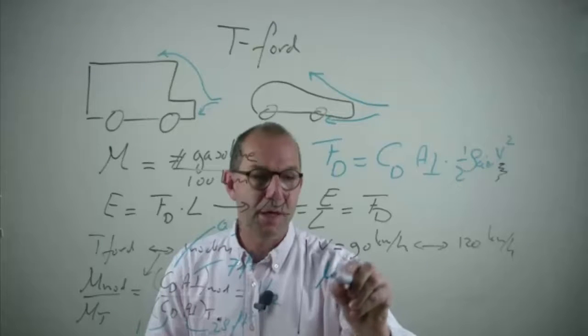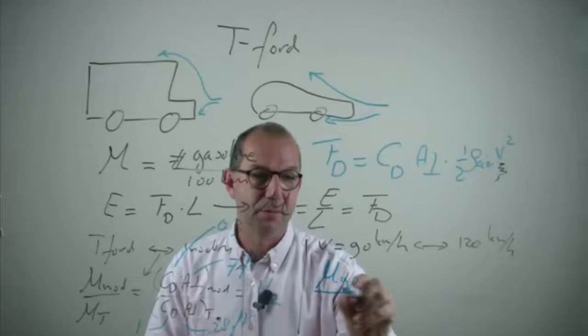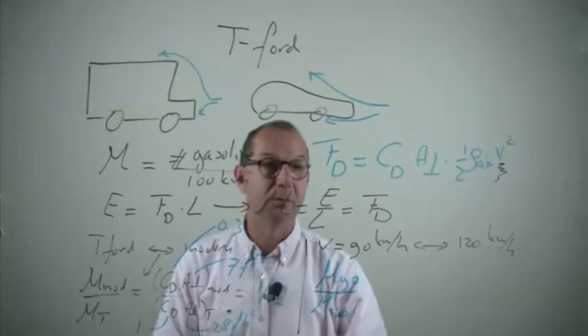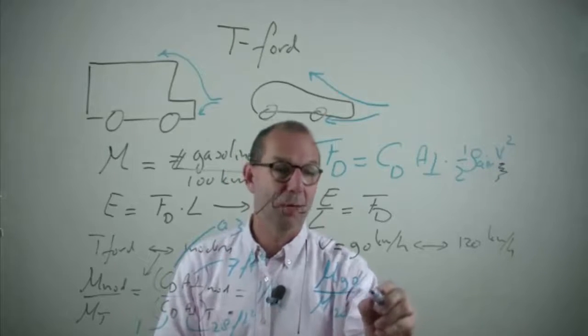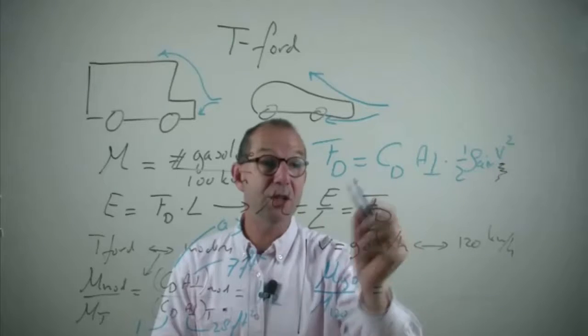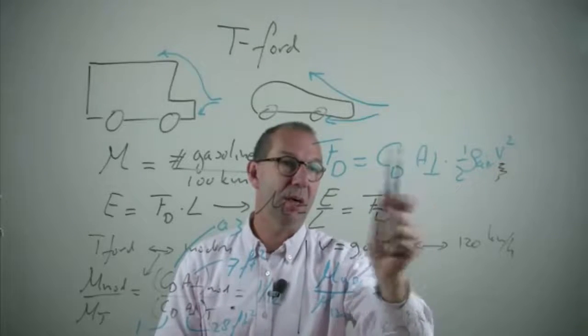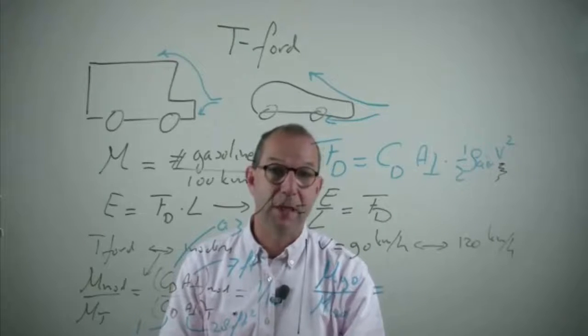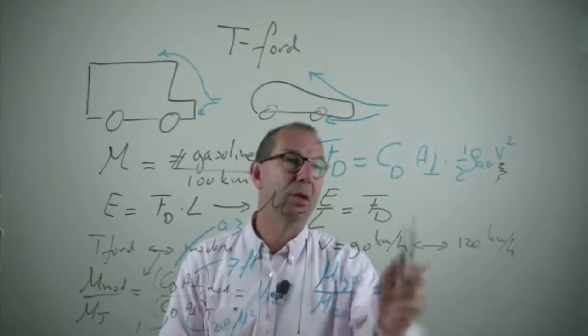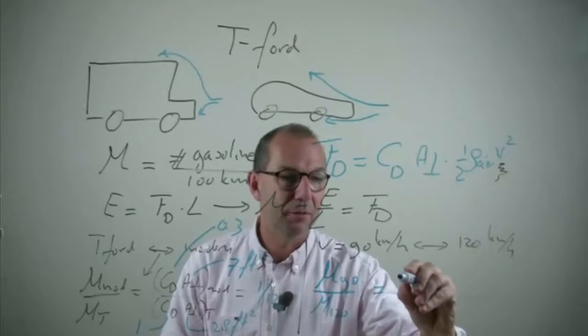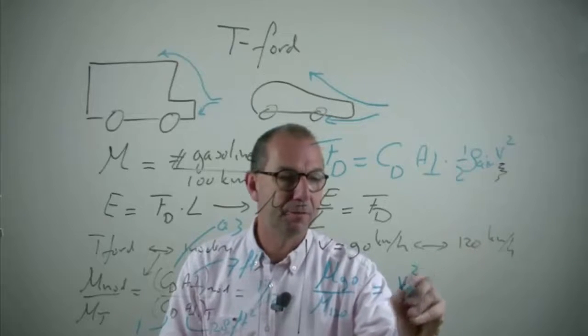If we compute the mileage at a velocity of 90 versus a velocity of 120 kilometers per hour for the same car, what we see is the ratio of the drag forces at these velocities. But now C_D and A perpendicular drop out, as it's the same car, half rho drops out, it's the same air, and you get the square of the velocities.